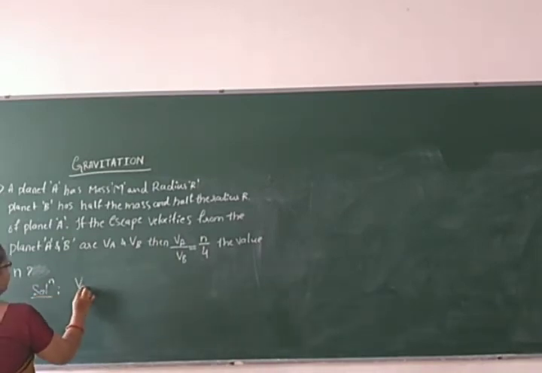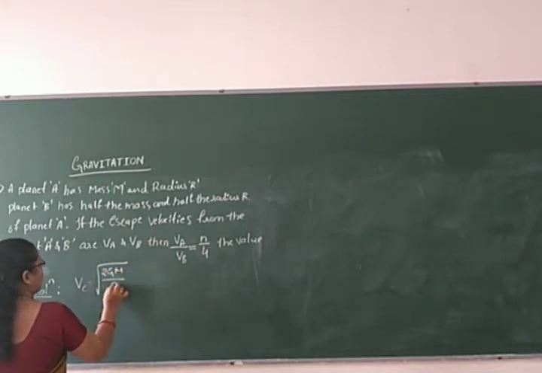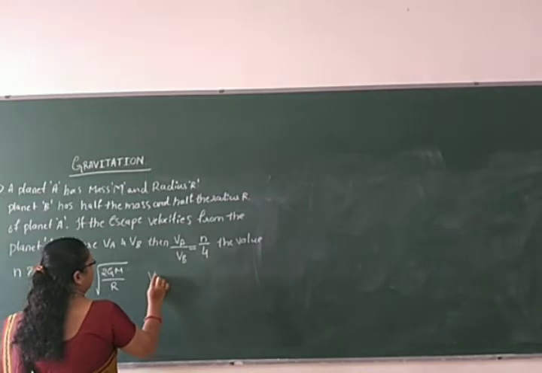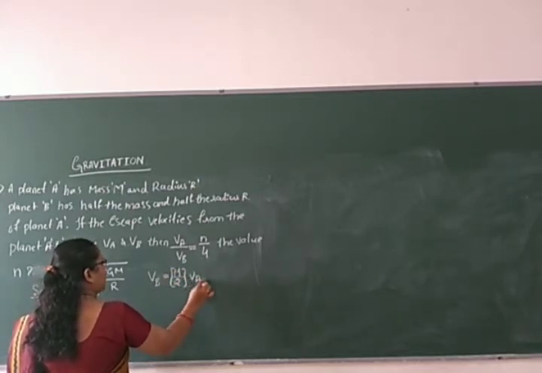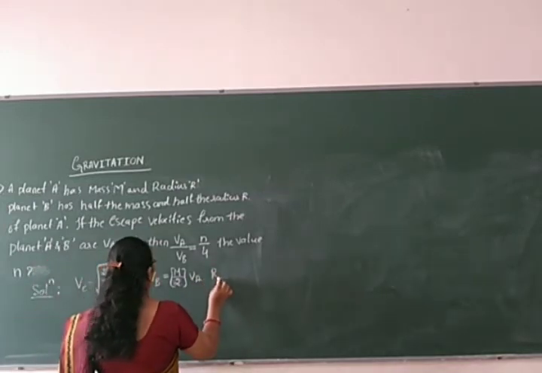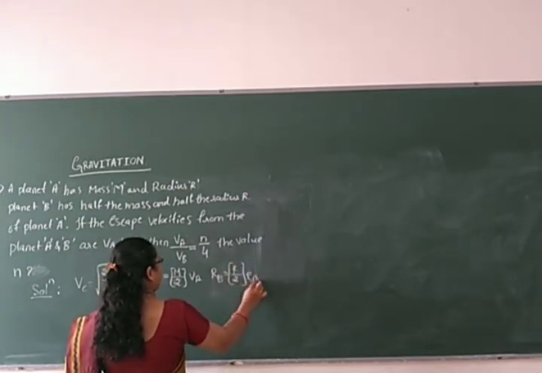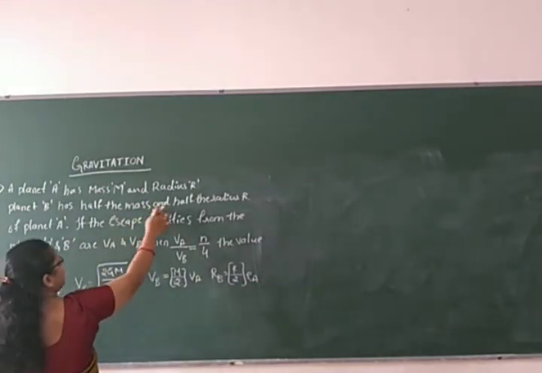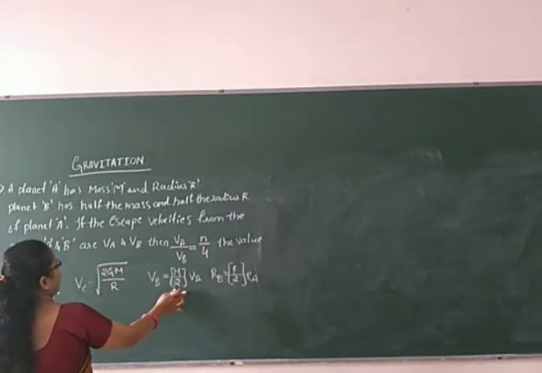We have the escape velocity, that is root of 2GM by R. Then the escape velocity of planet B: we have half the mass of planet A and half the radius of planet A. It is given that planet B has half the mass and half the radius of planet A.